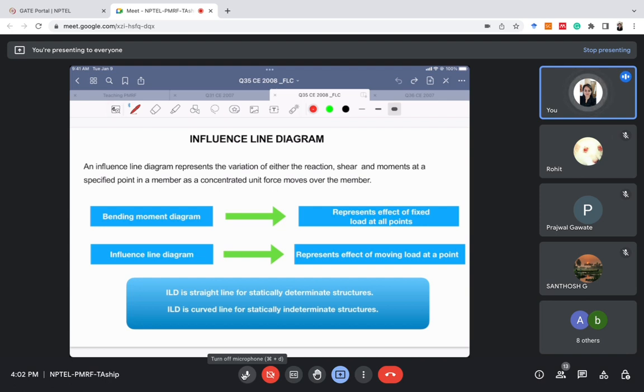So what is an influence line diagram? Influence line diagrams represent the variation of either reaction, shear force, or moments at a specified point in a member as the concentrated unit force moves over the member.